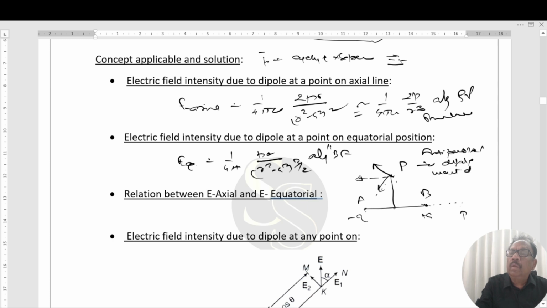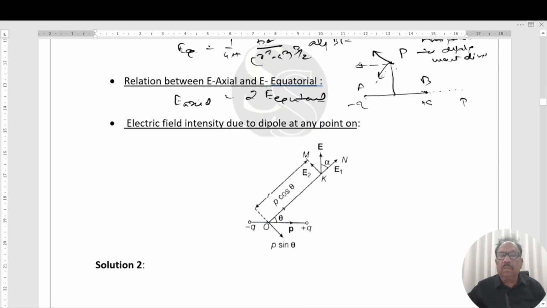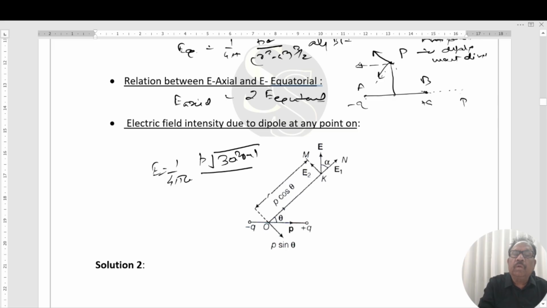What is the relation? E axial is equal in magnitude to twice E equatorial, right? Now, at any point it is given by E equal to 1 over 4 pi epsilon naught, P under root of 3 cos square theta plus 1, divided by R cube.